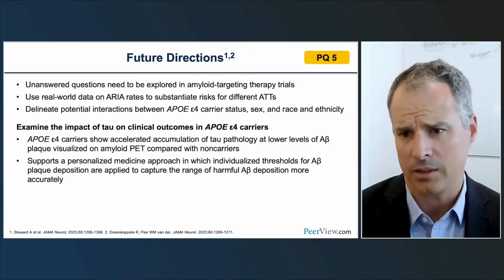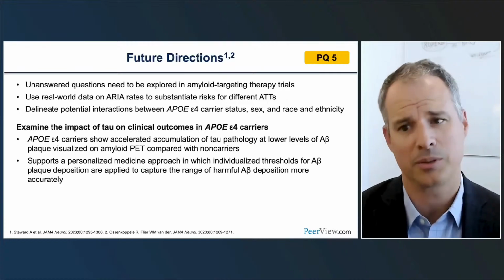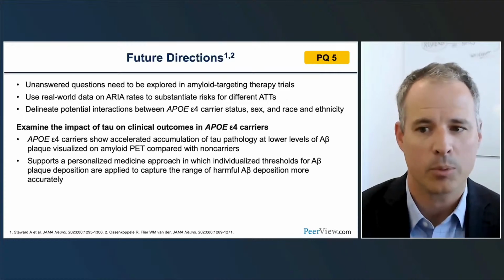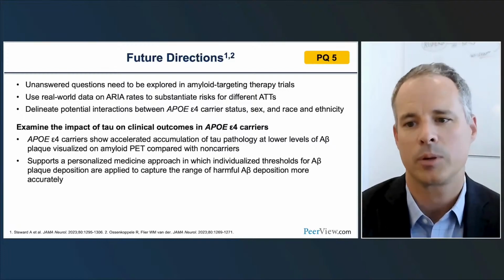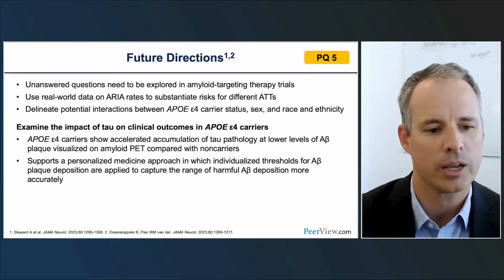We're starting to get into an era where we have tau PET in some availability, although it's not widely clinically available at this point. We know that ApoE4 can impact tau pathology, and much like it accelerates amyloid pathology, it seems to accelerate tau pathology and tau-related neurodegeneration.